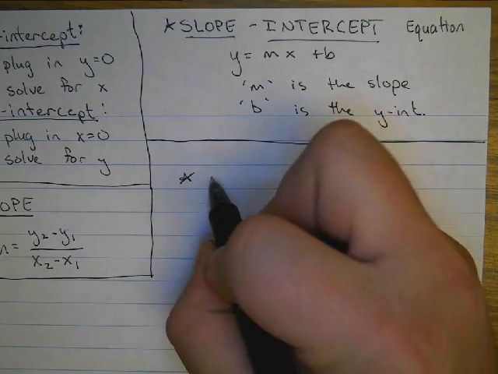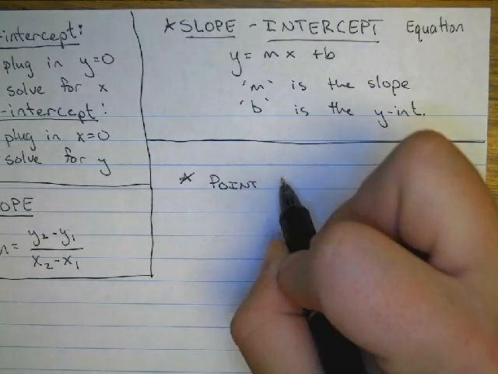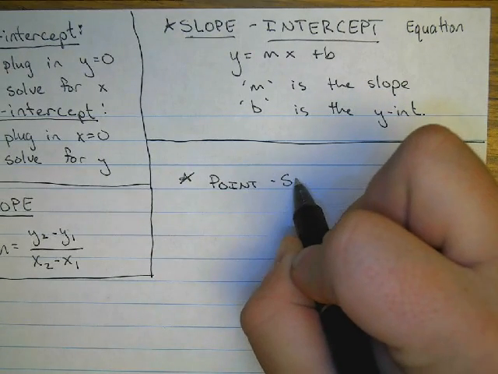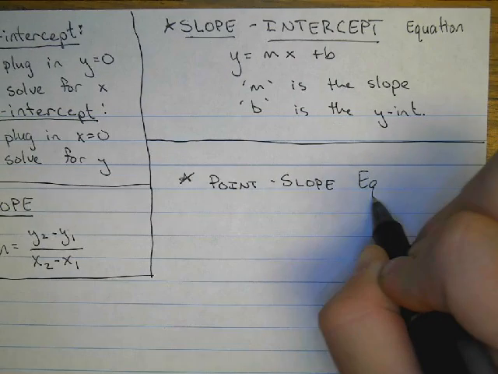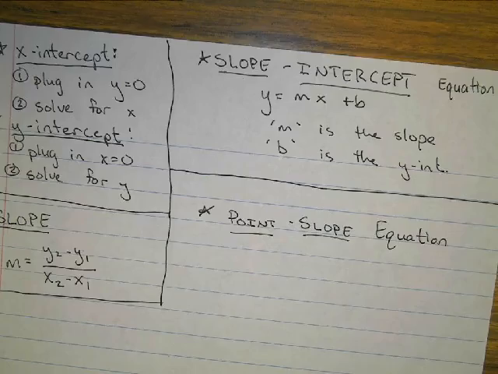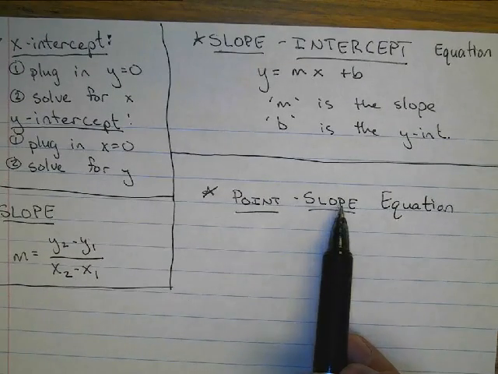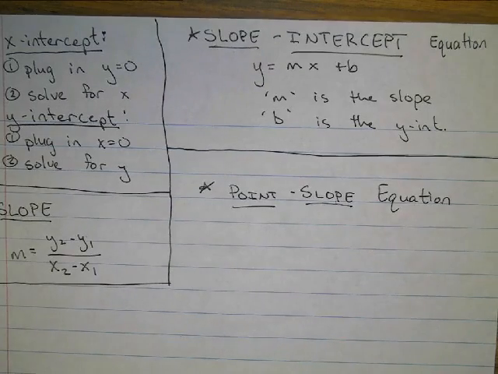And so now what we can do is we can say we have the point-slope equation, and this one, if we're given a point and a slope, we want to use this equation. So that can mean any random point out there in space.